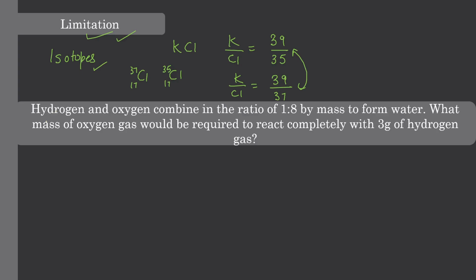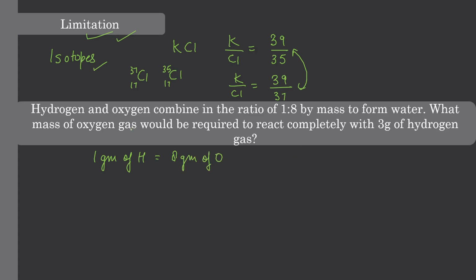Now the next question here we have is: hydrogen and oxygen combined in the ratio 1:8 by mass to form water. What mass of oxygen gas would be required to react completely with 3 gram of hydrogen gas? Given to us is that for 1 gram of hydrogen, 8 gram of oxygen is required.